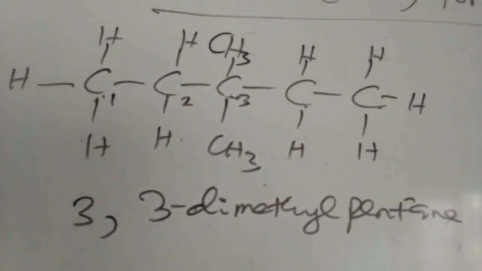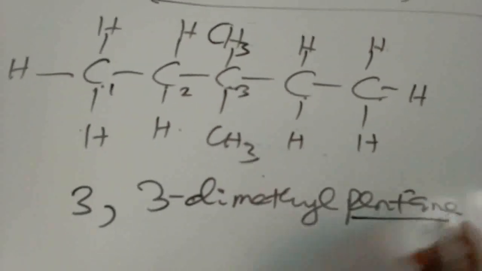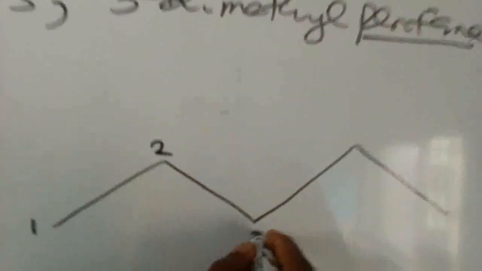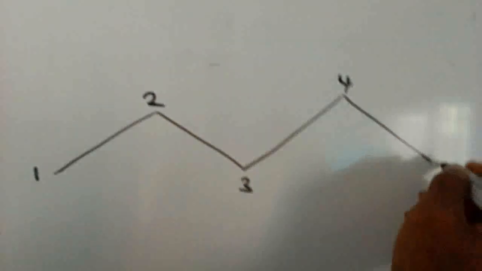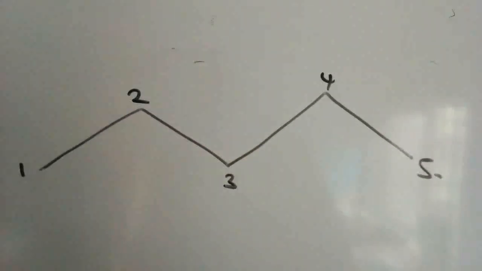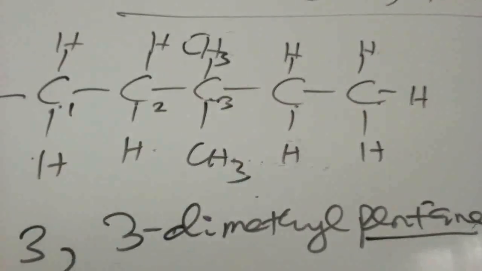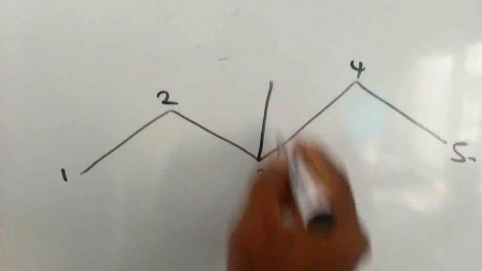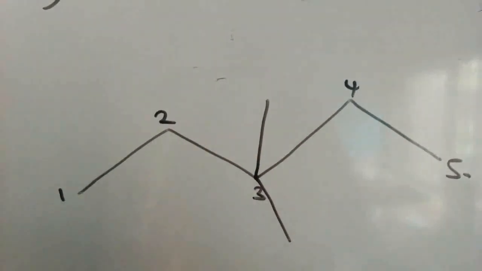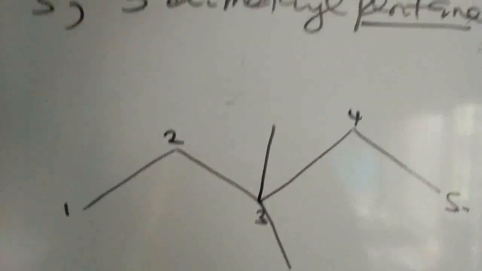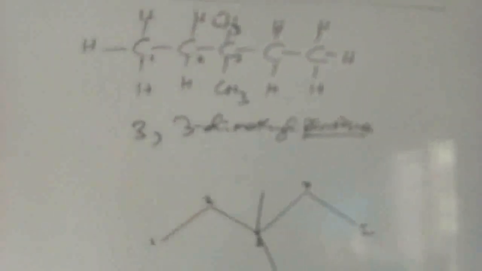What I'll do is take the parent chain of 5, meaning 5 carbon atoms, 1, 2, 3, 4, 5. And I have 2 methyl groups on number 3, the same position. So I'll draw a methyl group line here and also another line pointing downwards. So this is 3,3-dimethyl pentane.